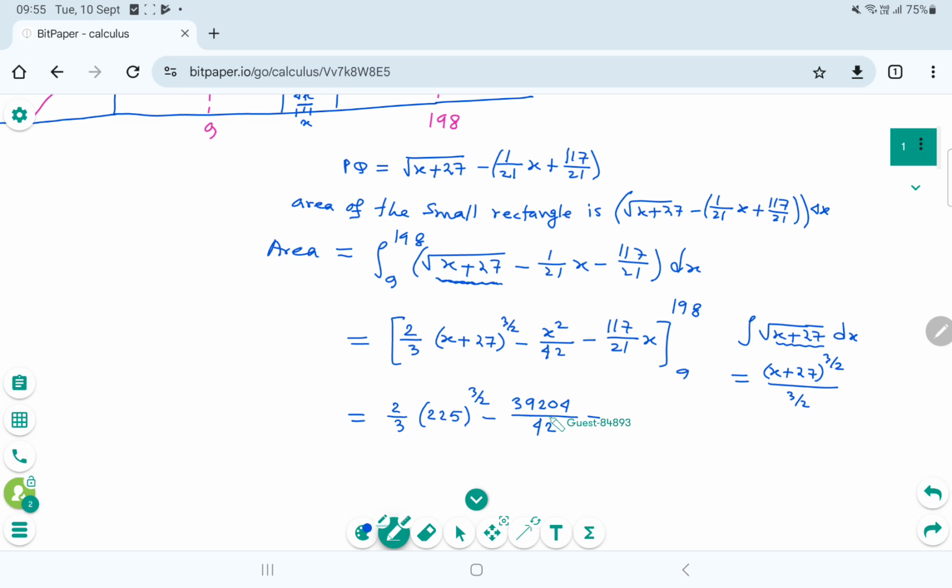Just see my calculation. If I make a mistake in any place, tell me. Are you using a calculator or no? Yeah, definitely.